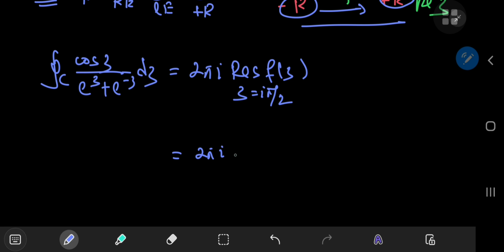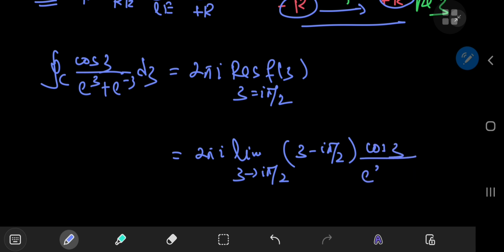Because this is a simple pole, it's very easy to evaluate. You have 2 pi I times the limit as z approaches I pi by 2 of z minus I pi by 2 times the cosine of z divided by e to the z plus e to the negative z. Now there's a problem here because it doesn't look like you have anything canceling out, because the denominator is not expressed as a nice factored polynomial.